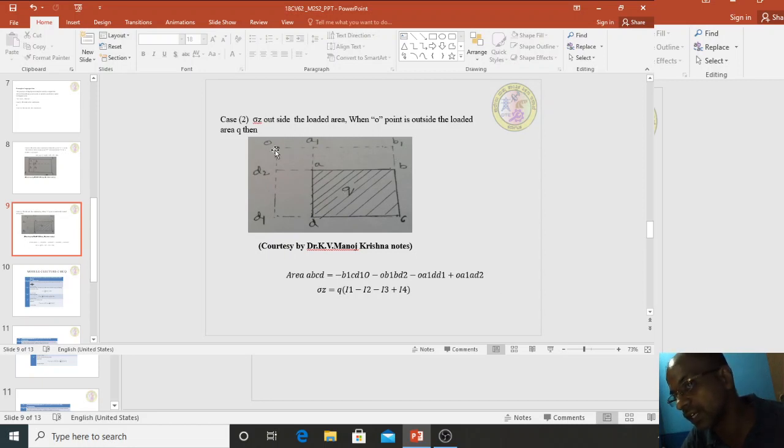Two times we have deducted this component when deducting this area and this area, therefore we have to add this area back, OA1AD2.